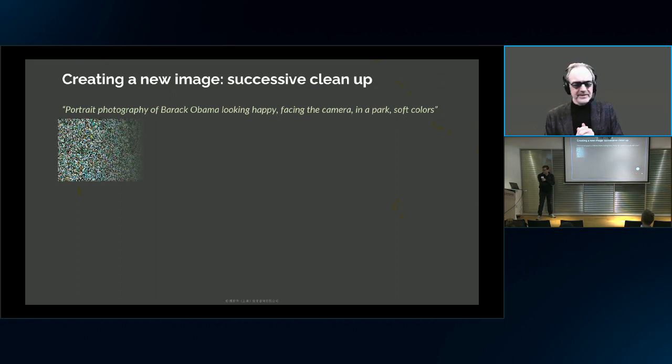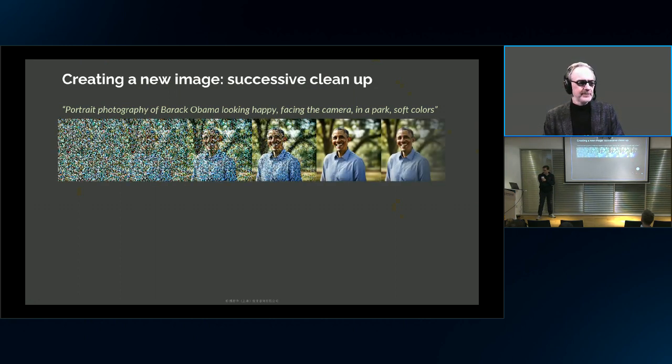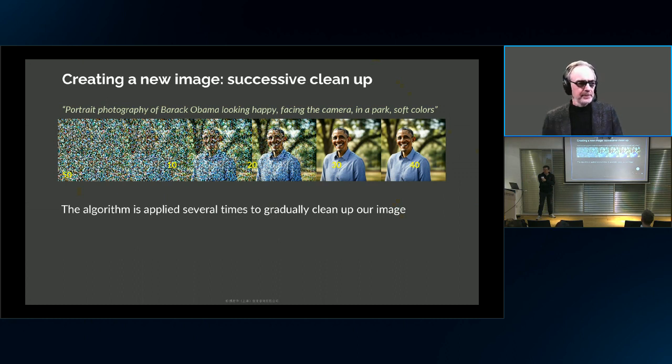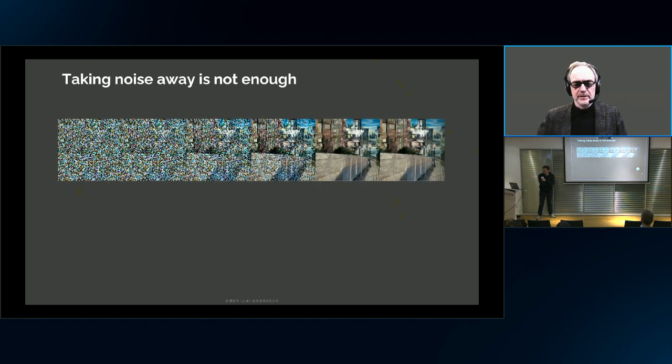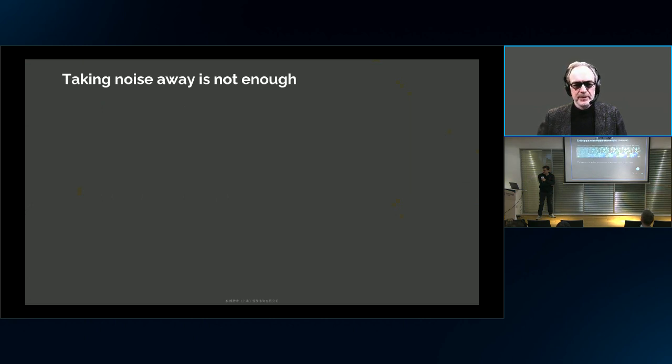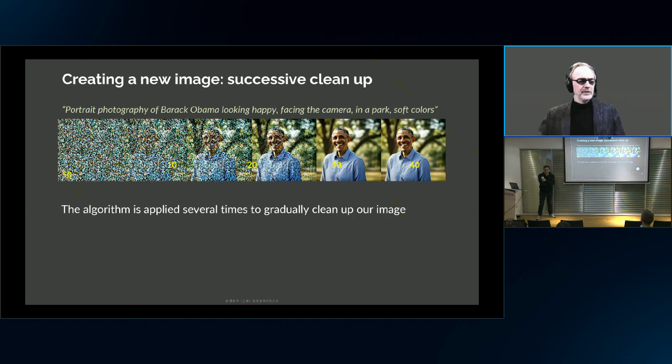We've seen that text-to-image systems use a trained model to improve images step by step by applying this denoising model to the image successively. In the early days, it would take something like 1,000 steps. Early days is about 2 years ago.